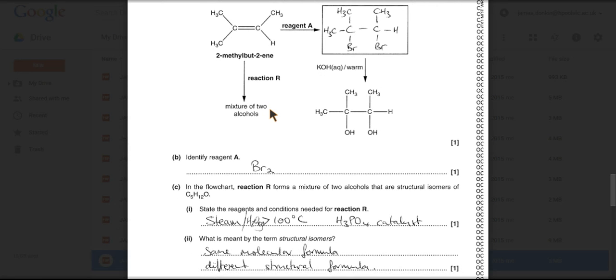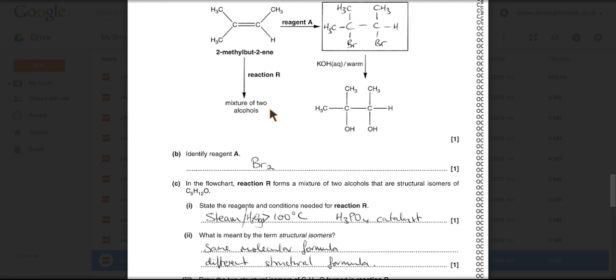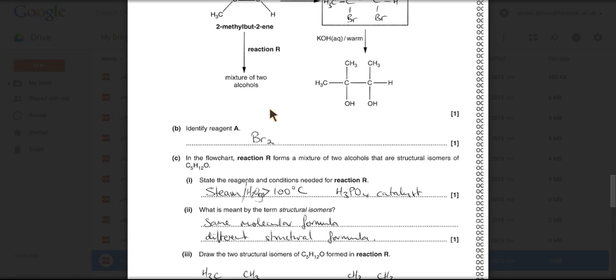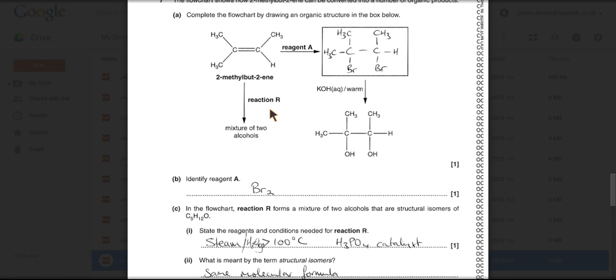Definition: what's meant by the term structural isomers? Same molecular formula, different structural formula. And then the two structural isomers that are formed in reaction R: if you think about water, I always think about water as HOH, and when you add across a double bond, the two parts of the molecule that you're adding across, in this case it was Br2, so Br on there, Br on there.